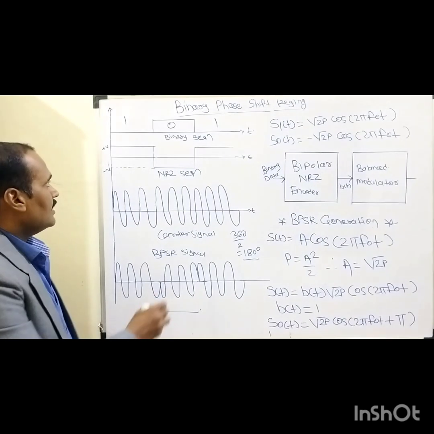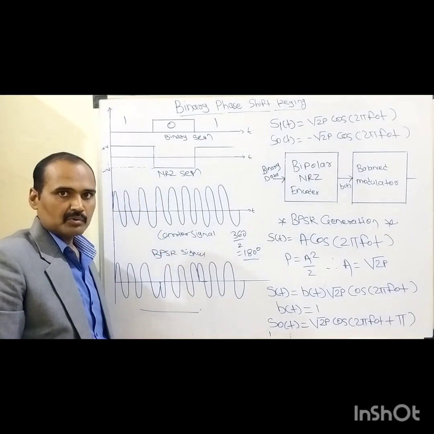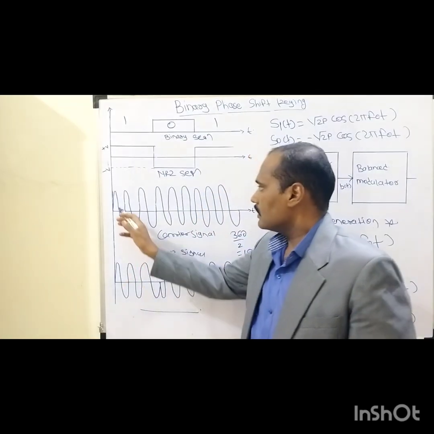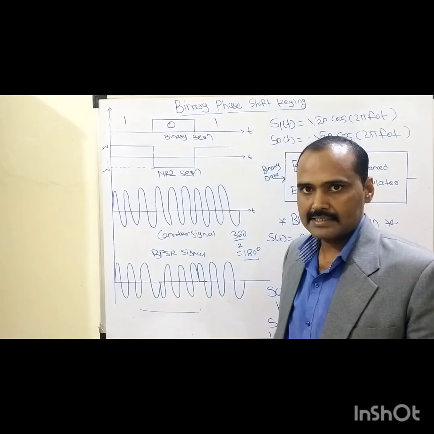As you can see, whenever we are transmitting the first binary bit, that is 1, all the amplitude levels of the carrier signal are passed as they are, right?